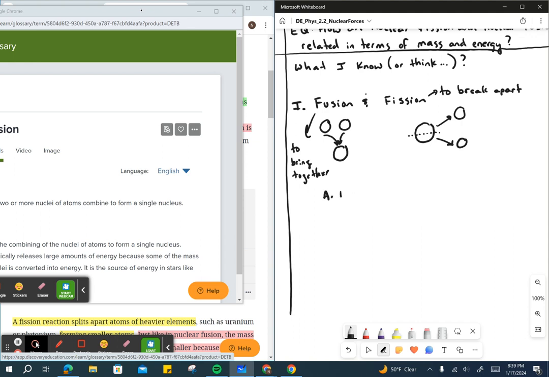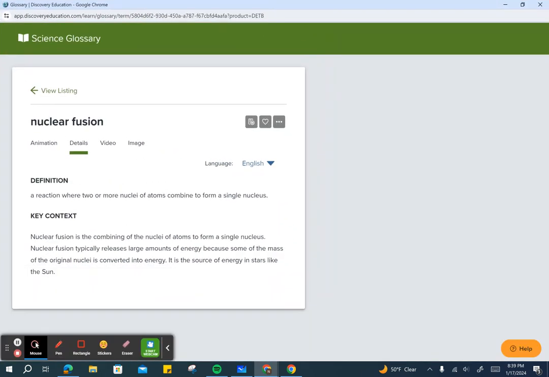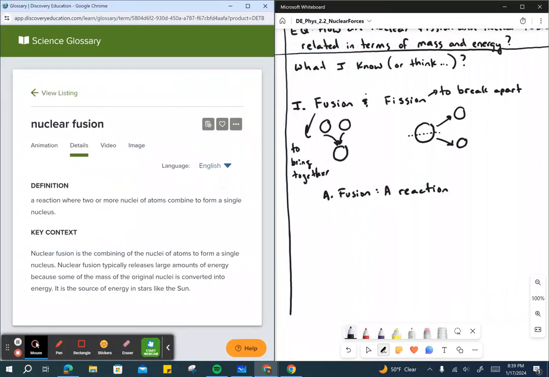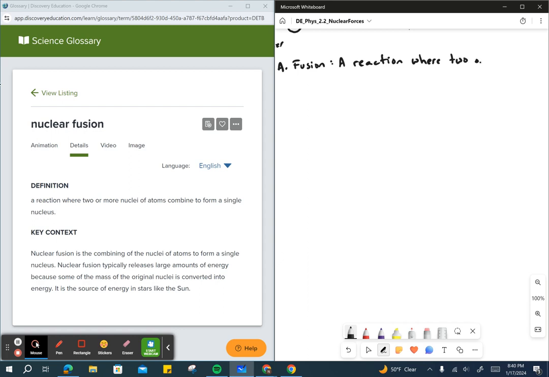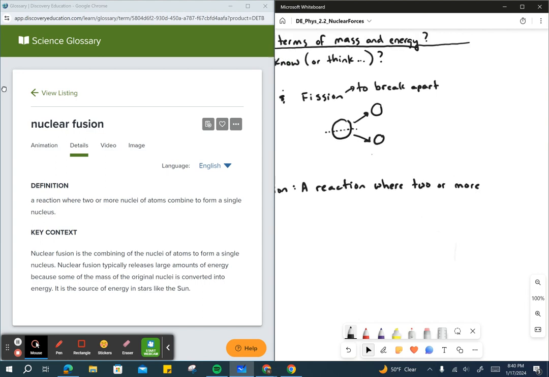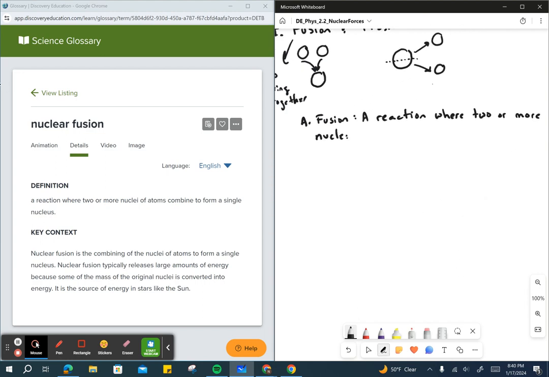So a fusion is a reaction where two or more nuclei of atoms combine to form a single nucleus.